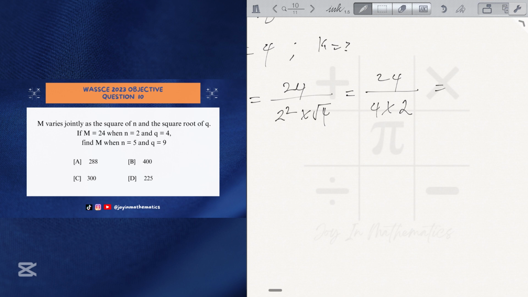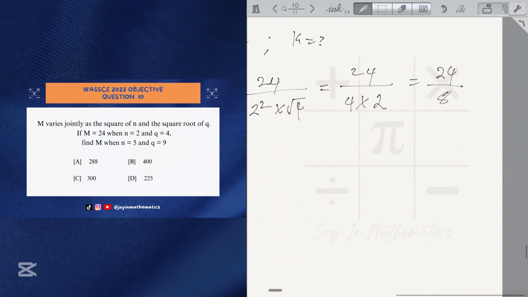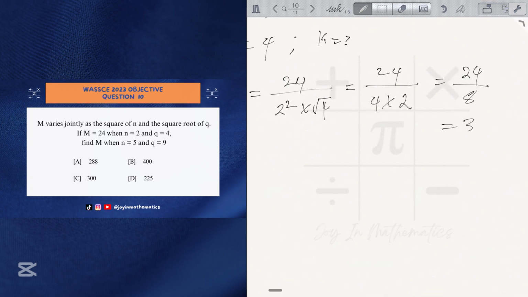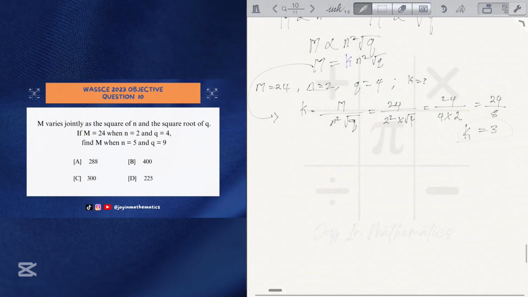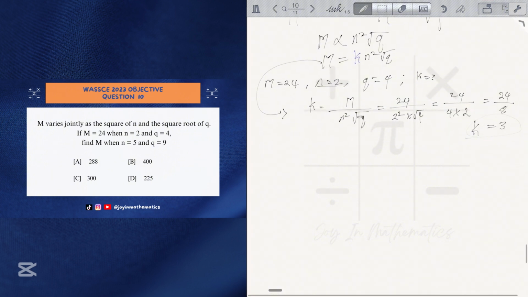So simply we have 24 divided by 8, and 24 divided by 8 is equal to 3. So k is equal to 3. Now, if k is equal to 3, we can rewrite this equation, let's use a red pen this time, m equals 3 n squared root q.